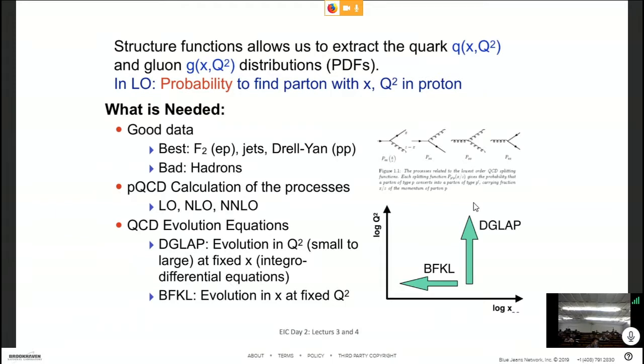So all that can be embodied together and fit the best way we can in a multi-dimensional way with thousands of data sets these days, and get the best fits for the parton distribution functions and fragmentation functions. So that's generally called the global fit analyses. And the more and more detailed data we get from F2, jets, Drell-Yan, the better the theoretical calculations can be pushed from leading order to next to leading order to next to next to leading order.